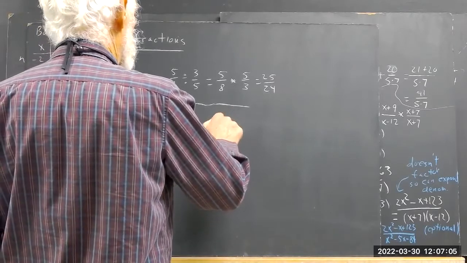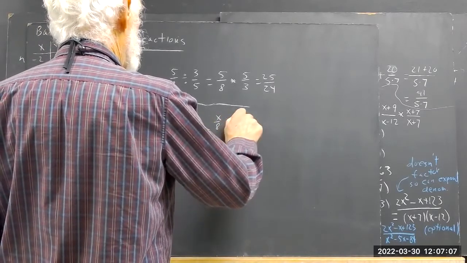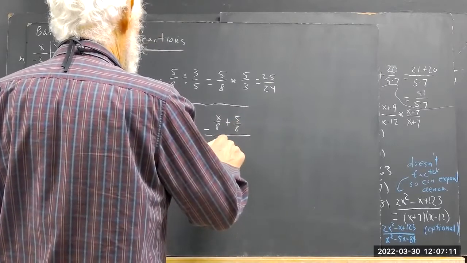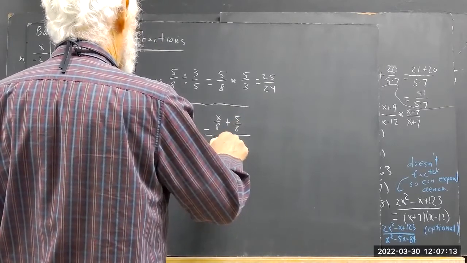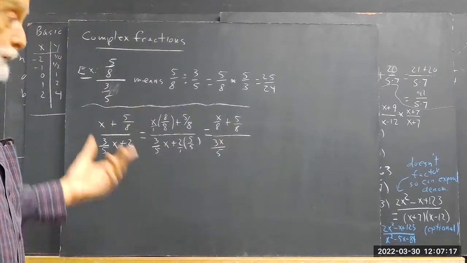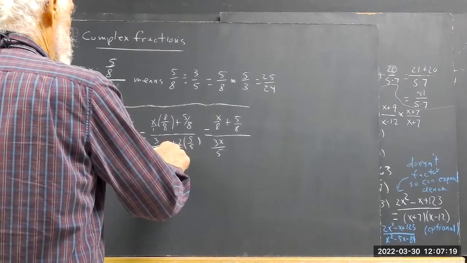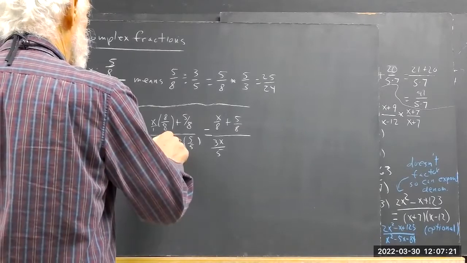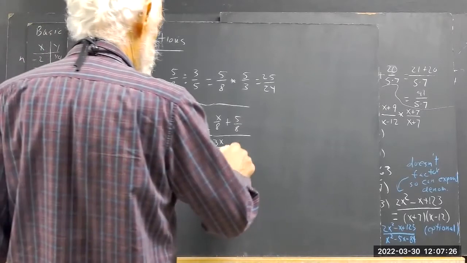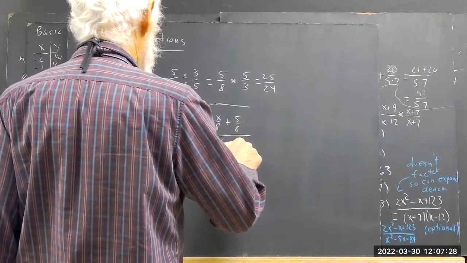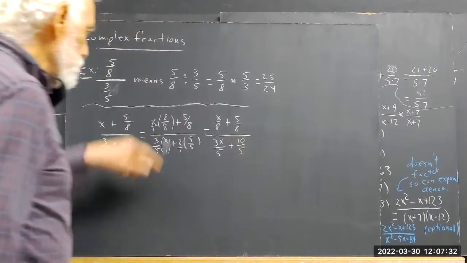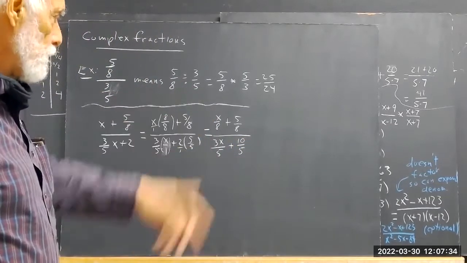So now I've got x over 8 plus 5 over 8 divided by, I'll write 3/5 x is 3x over 5, 3/5 times x over 1. And 2 times 5 is 10, 1 times 5 is 5.